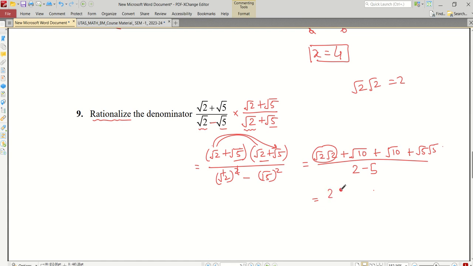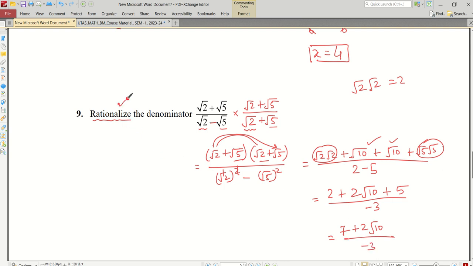So it will come 2 plus square root 10 and square root 10, 2 square root 10, plus square root 5 into square root 5, the same. So it will come 5 upon 2 minus 5. It is minus 3. Now, finally 5 plus 2 is 7, plus 2 square root 10 upon minus 3. This is the answer. This is rationalization.